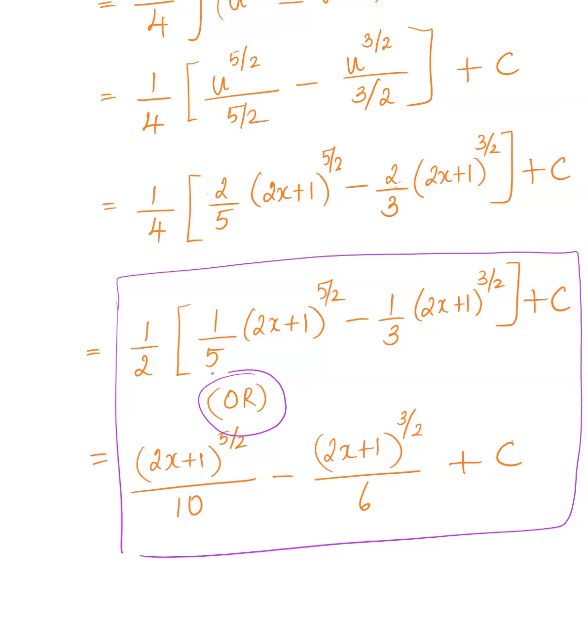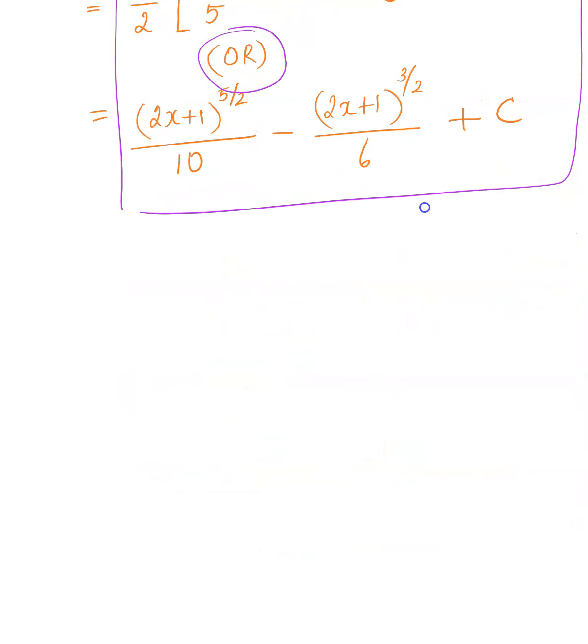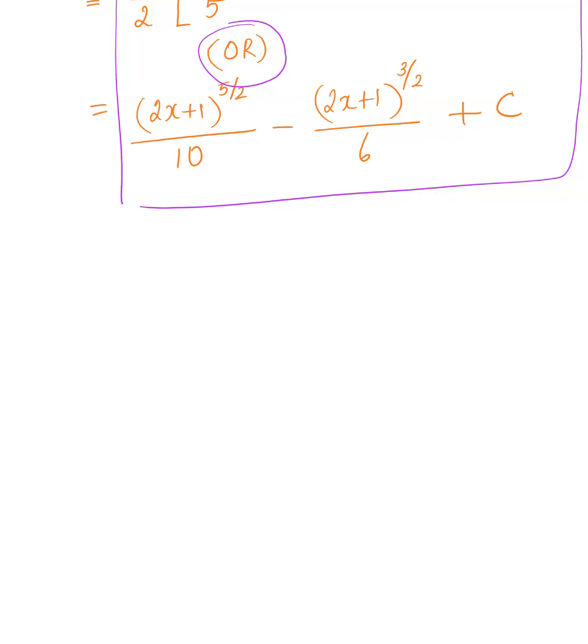Now, when you use trig functions, sometimes you'll have to use a trig identity before you use the u-substitution and so on. Okay. So I'll show you one with a trig identity.